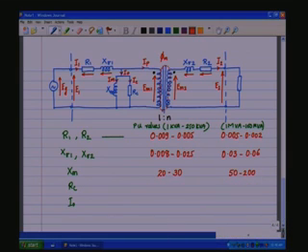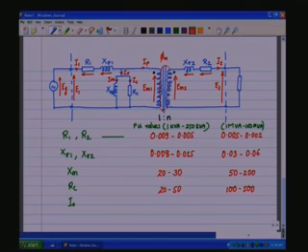For the case of the core loss component, it is around 20 to 50 in the 1 to 250 kVA range, and it is around 100 to 500 in the 1 MVA to 100 MVA range.